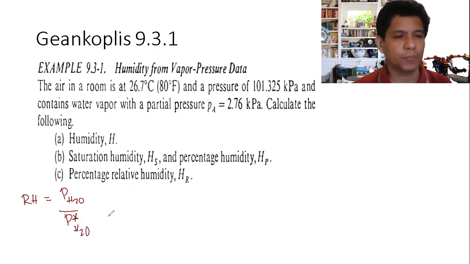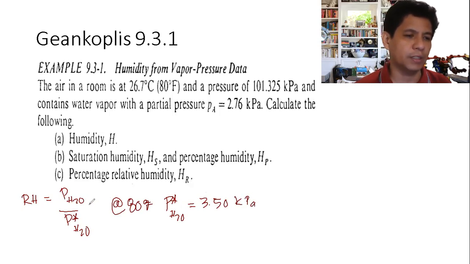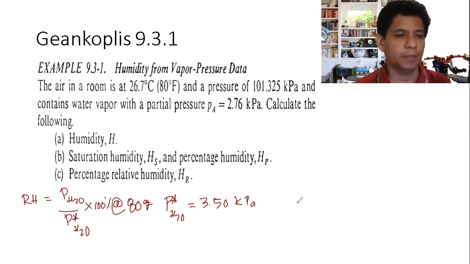So try to look for 80 degrees Fahrenheit. At 80 degrees Fahrenheit, you should be able to find that the P star H2O of water is around 3.5 kilopascal. After finding this, you just substitute it in the equation, times 100%.